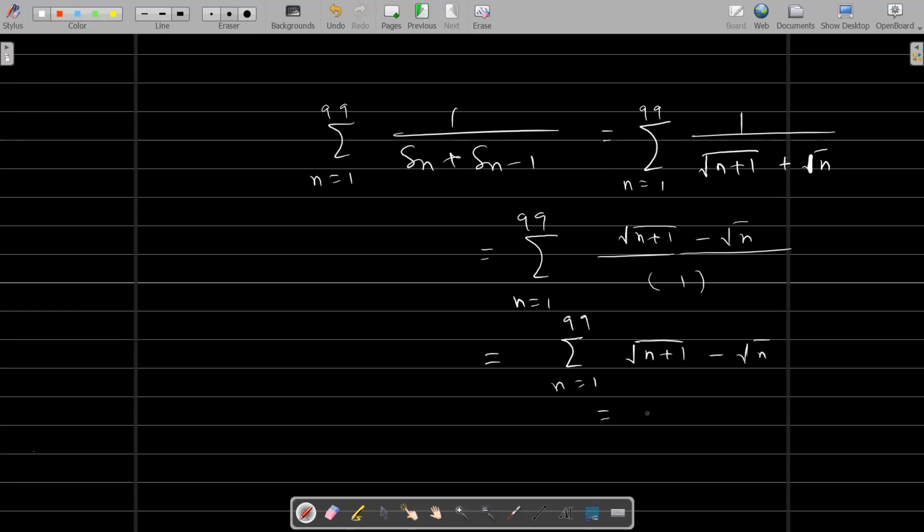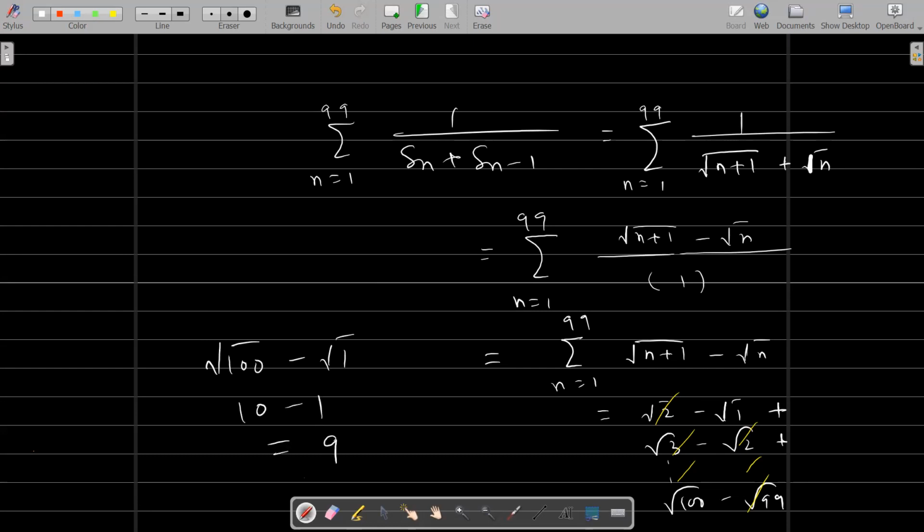When I put n equal to 1, it's root 2 minus root 1 plus root 3 minus root 2, and so on up to root 100 minus root 99. And again we get a telescopic sum. Alternately plus and minus root 2, plus and minus root 3 keep cancelling up to 99. And we get root 100 minus root 1. So that is 10 minus 1. So the answer is 9, right?